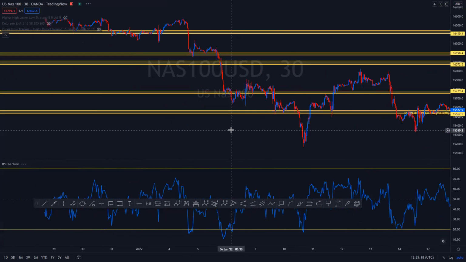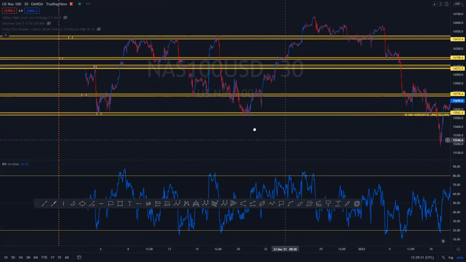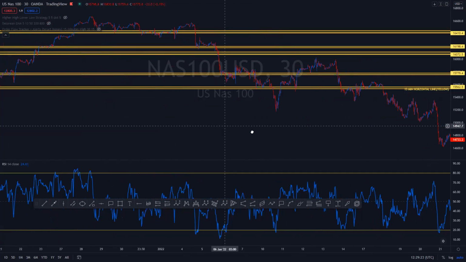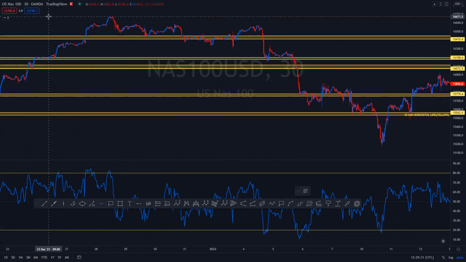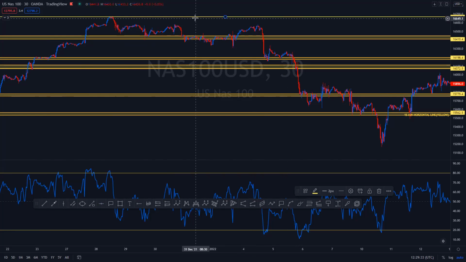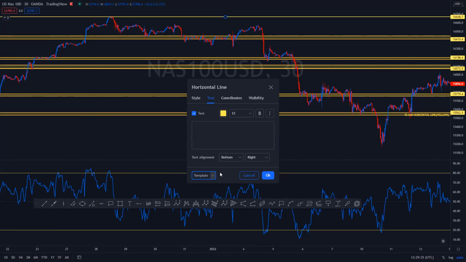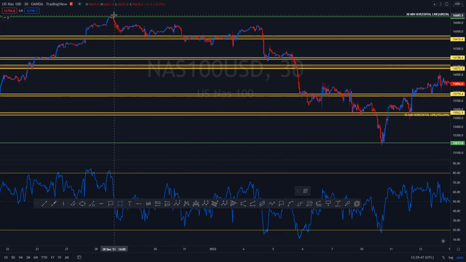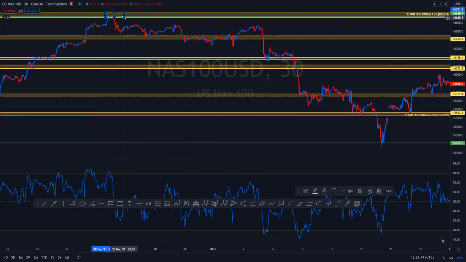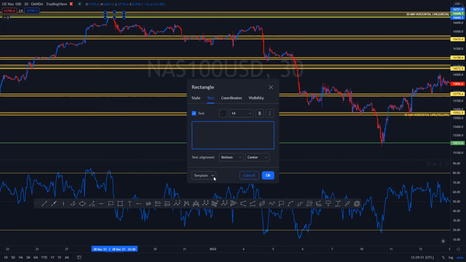So now go all the way up to here. We're going to make this green because we're doing the 30-minute time frame now. All right. We'll do that. Make this green as well.